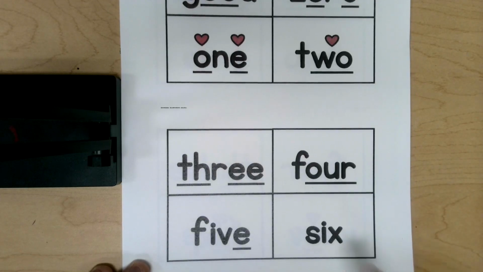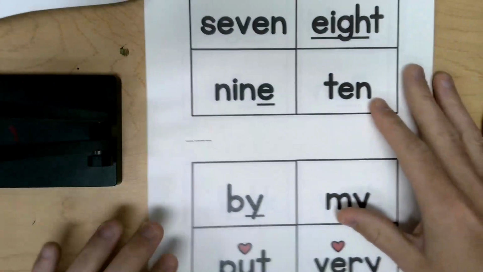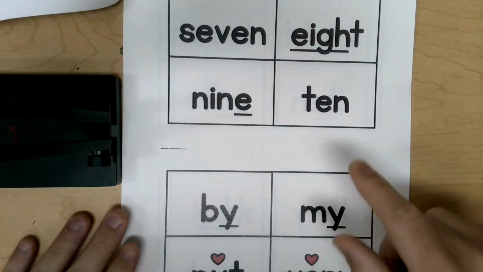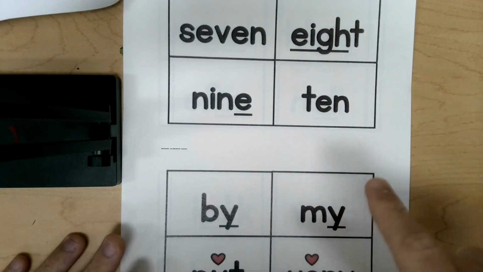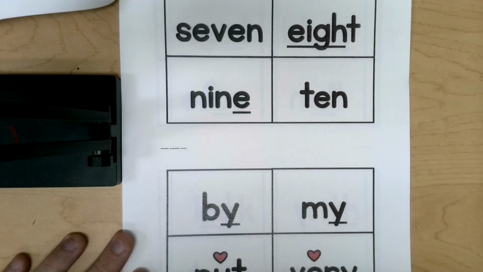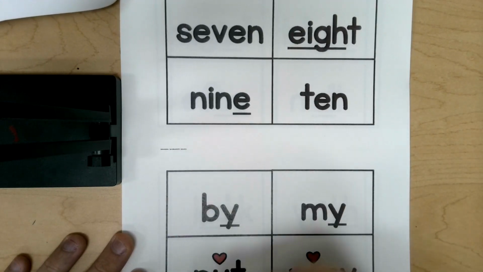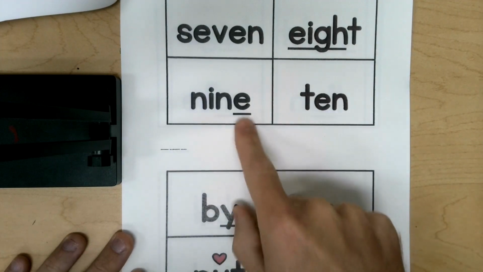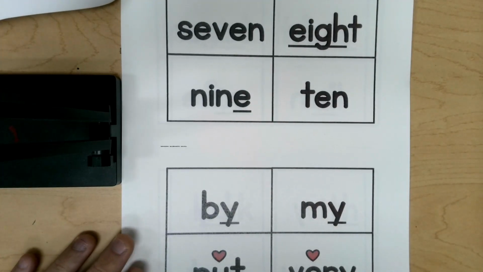Six follows all the normal letter sound patterns. Seven does the same thing and just a little bit longer. Eight, we have EIGH that follows that pattern like in the word neigh. Eight, so just two sounds in that word even though it's got five letters in it. Nine again follows the magic E type word. The E makes the I say its name and then stays silent at the end. And ten is also decodable all by itself.